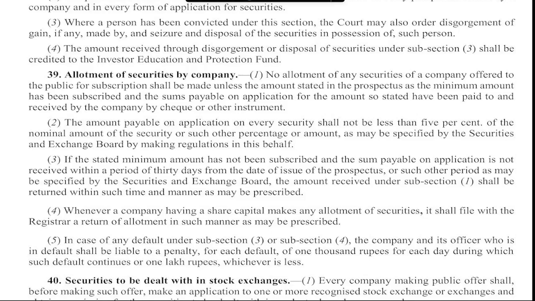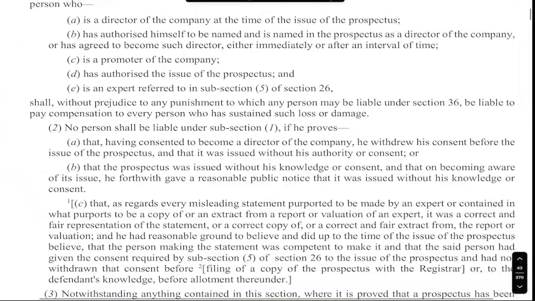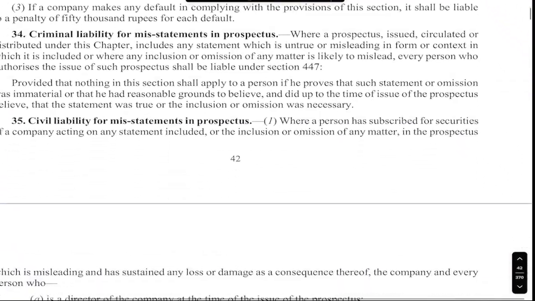So main areas are only 3: number 1, types of prospectus; number 2, liabilities for misstatement; number 3, allotment related. Remaining are optional sections. Criminal liability and civil liability are expected questions in the exam, so let us first concentrate on that.